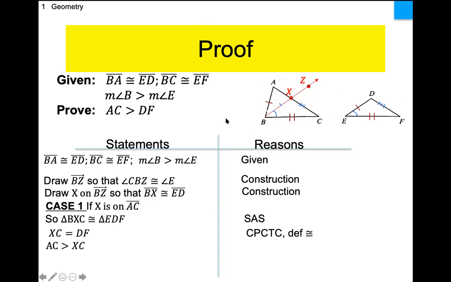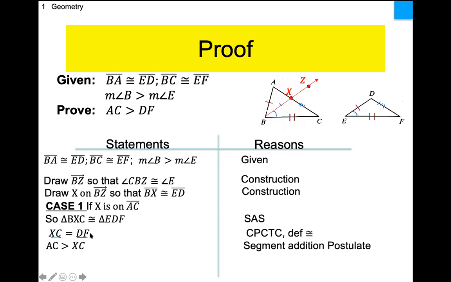But here's the issue. If that's the case, then side AC would have to be bigger than XC. Why? Because AC is the whole thing, and this is only part of the side, right? Well, that makes sense. That's the segment addition postulate. Okay, but wait a minute. Somewhere up here we said, oh yeah, right here, we said that XC is the same as DF.